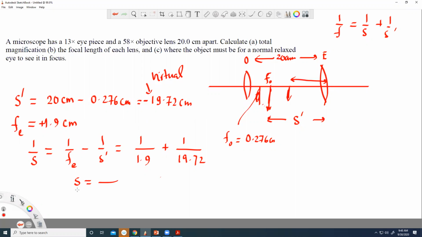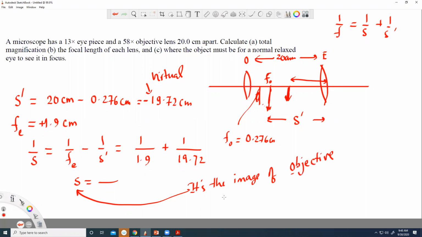Now this object is the image of this one. Okay, so this object comes from the image formed by this lens. It's the image of the objective.